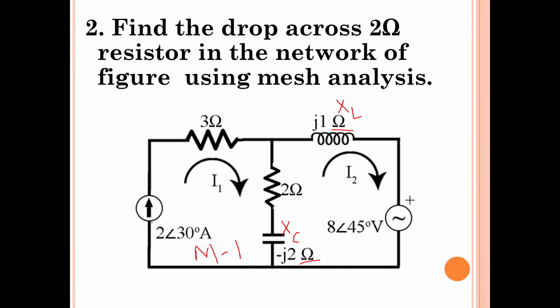So what is the loop current in mesh 1? I1. I1 is the loop current. See here, only a half circle is there, the full circle is not there. But you can draw the full circle and mention the directions of these loop currents.